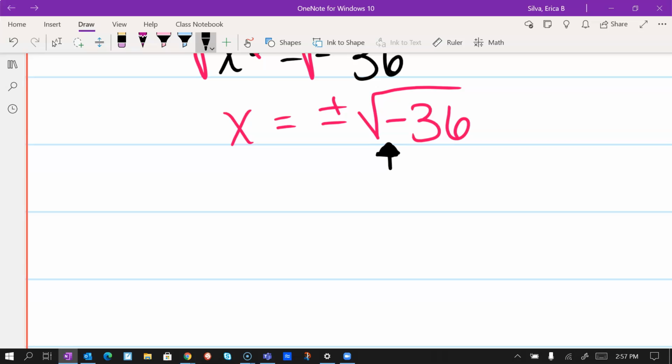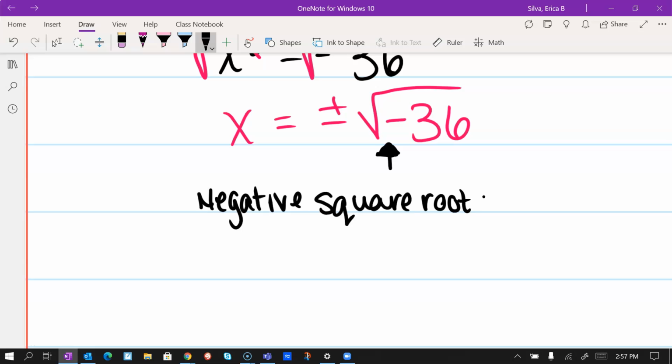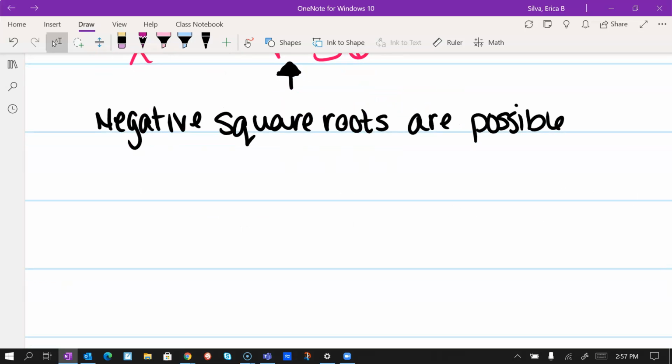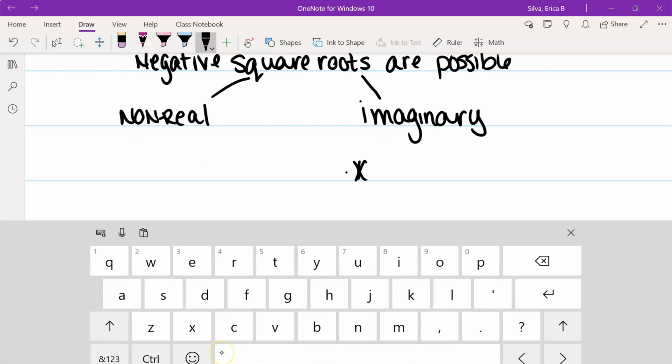So negative square roots are possible. We refer to them as non-real and imaginary numbers.